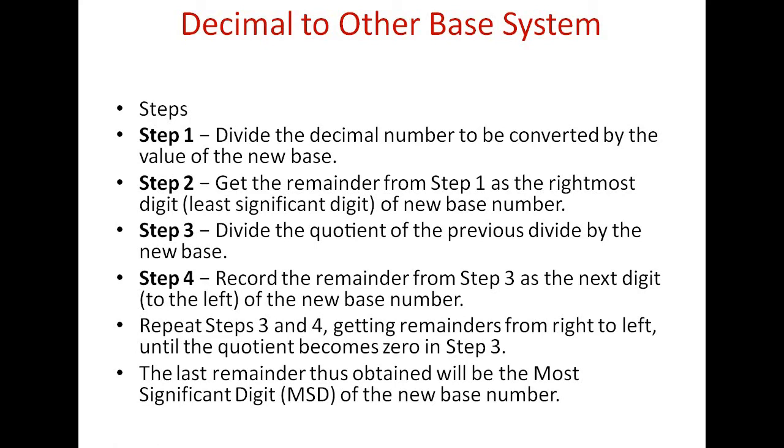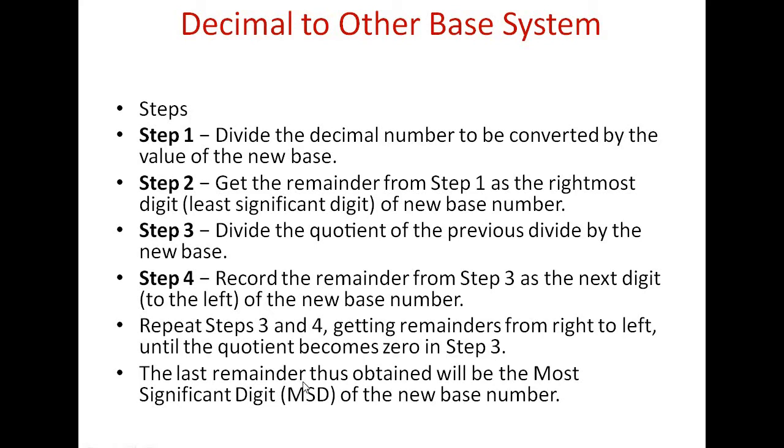Get the remainder from step 1 as the rightmost digit of the new base number. Divide the quotient of the previous divide by the new base. Record the remainder from step 3 as the next digit of the new base number. Repeat steps 3 and 4, getting remainders from right to left until the quotient becomes 0 in step 3.